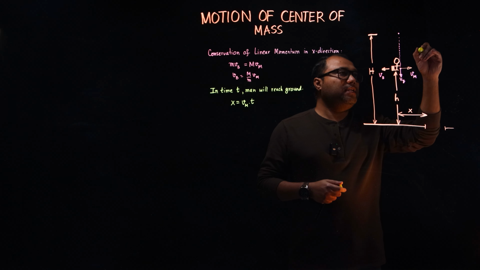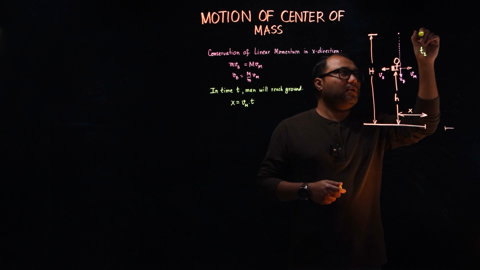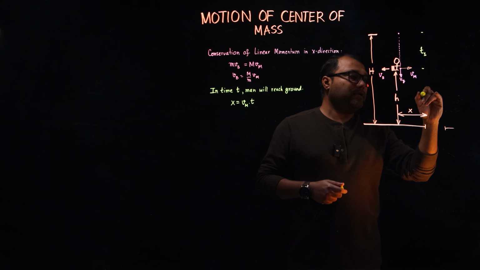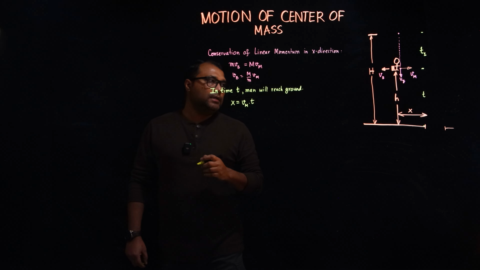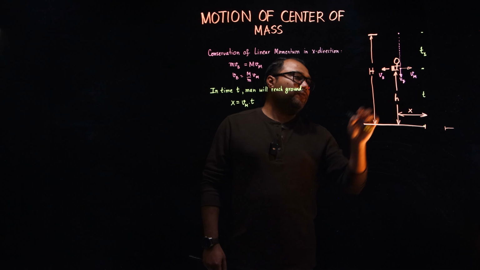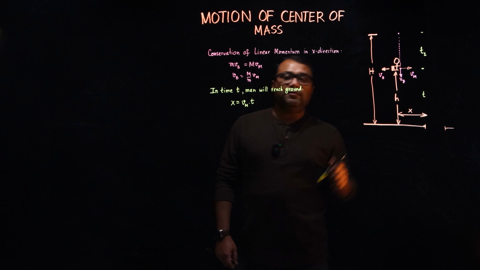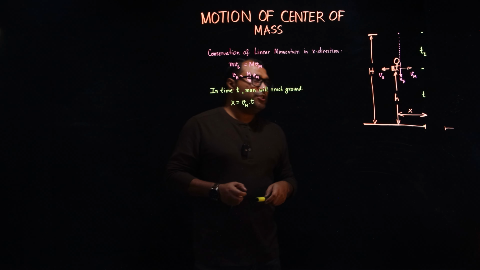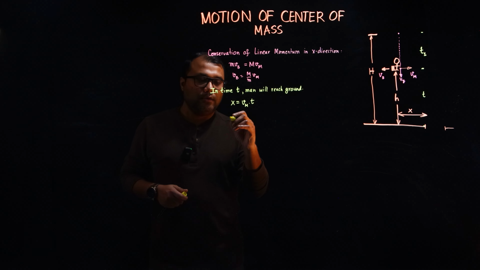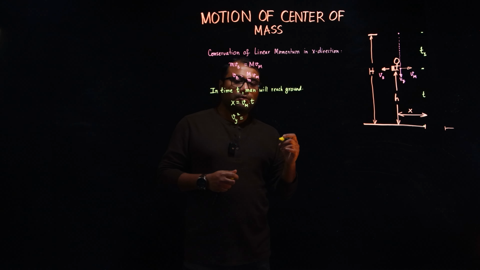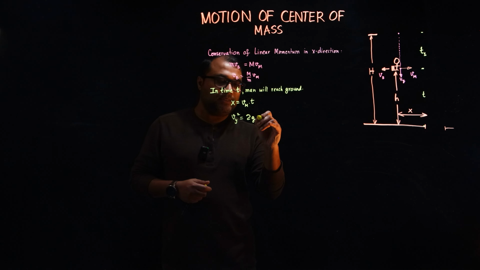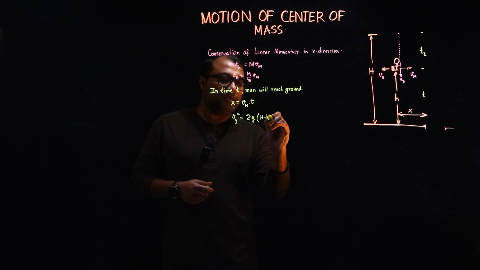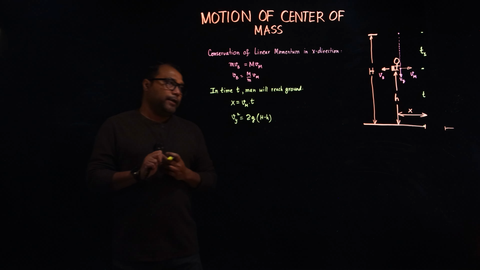Let's say the man took t1 time to reach from here to here, and then he will take t time to reach from here to here. So let's see the value of Vy after that. We can write V square equals U square, where U was 0, plus 2gS, so Vy square is 2g times capital H minus small h.